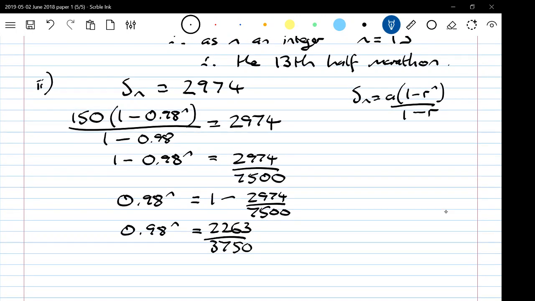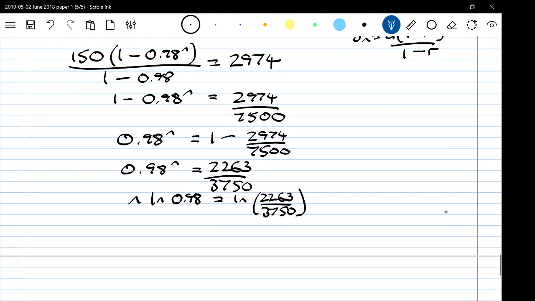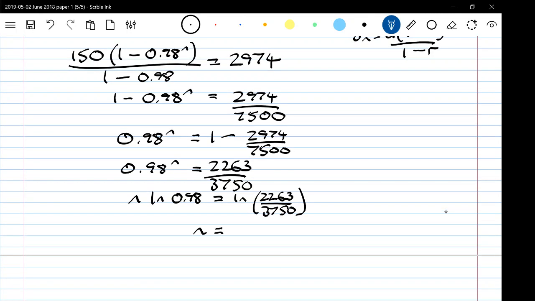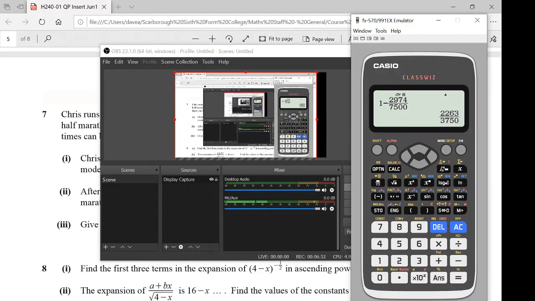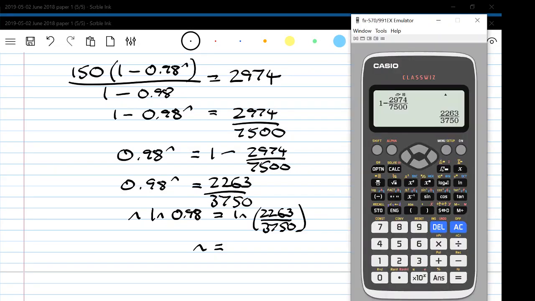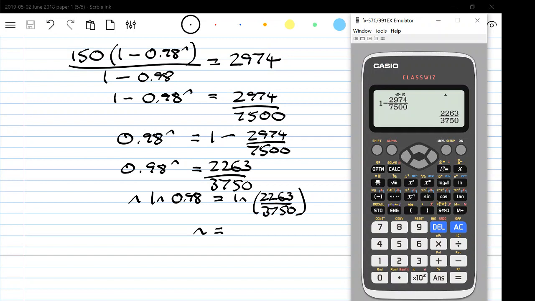So n ln 0.98 is ln of that fraction. So n is ln of that fraction divided by ln 0.98.